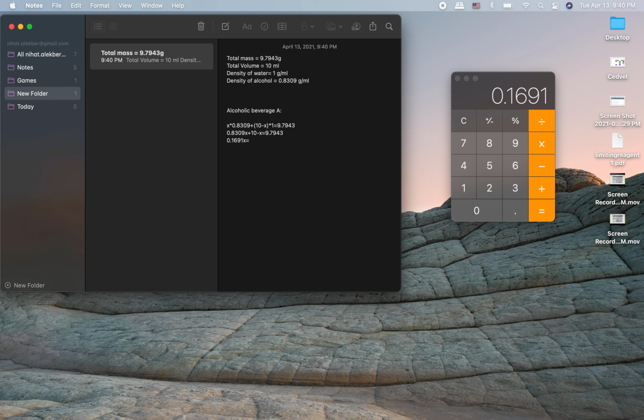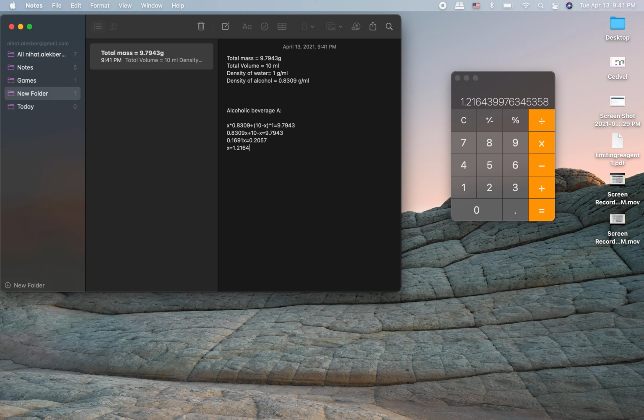I just dropped the minus: 10 minus 9.7943, okay, 1 minus 0.7943, we got 0.2057, and x equals that divided by 0.1699. Here we go. We got our result.